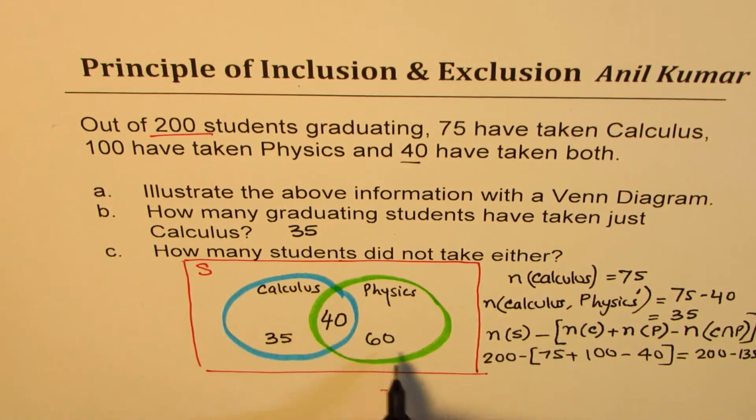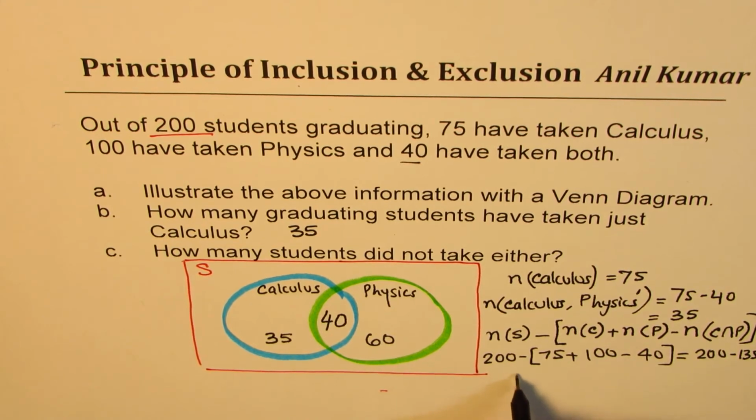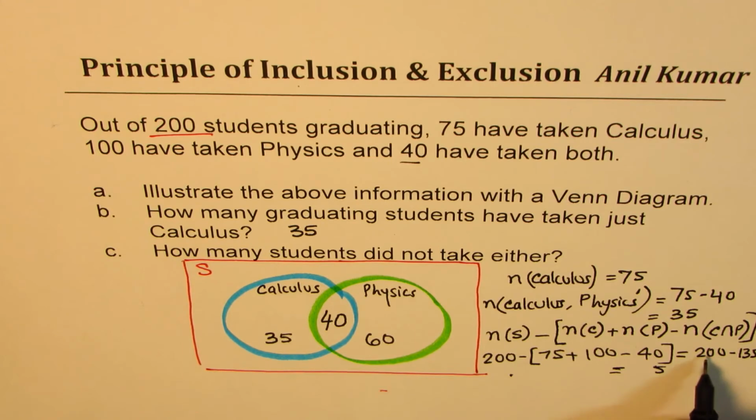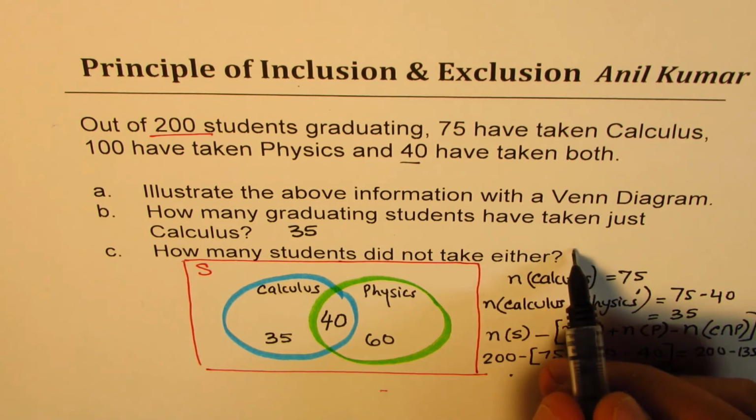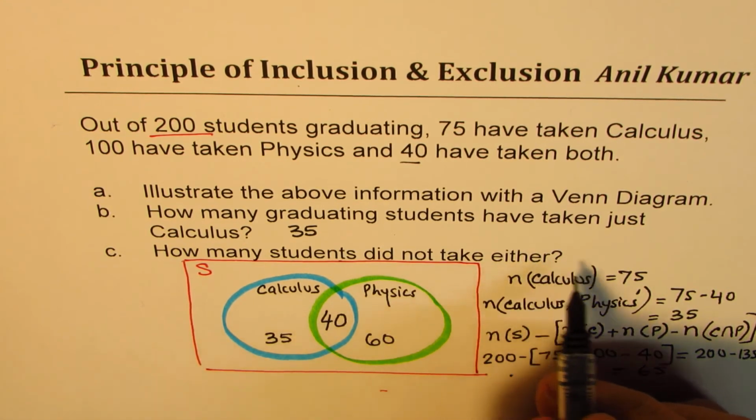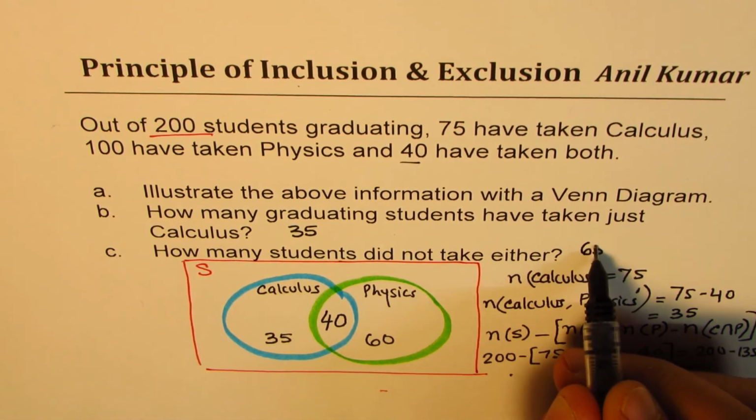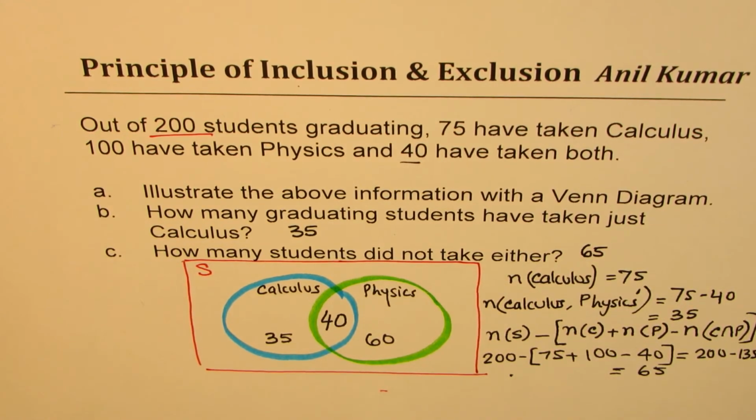Both the Venn diagram and the formula give you the same result. Is it okay? Gives you the same result. And that number clearly is 65. So 65 is the total number of students who have not taken either, right? So that is 65. Perfect.